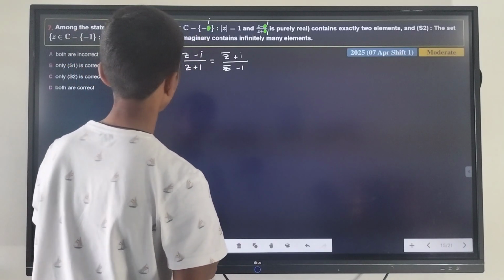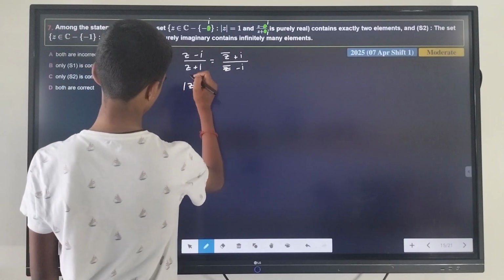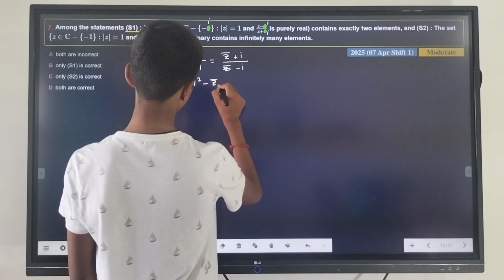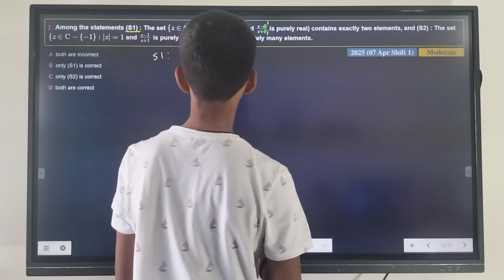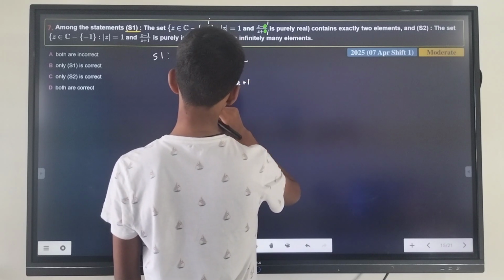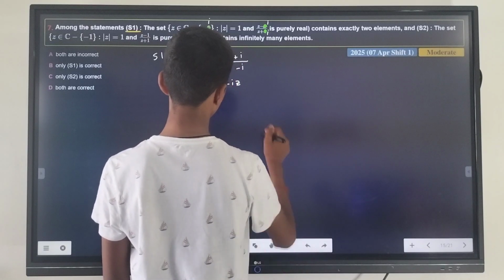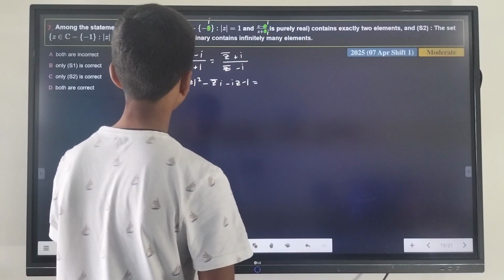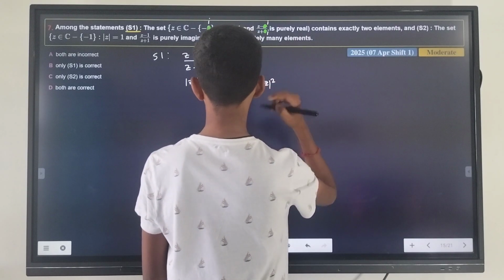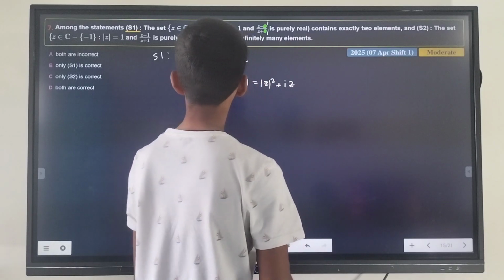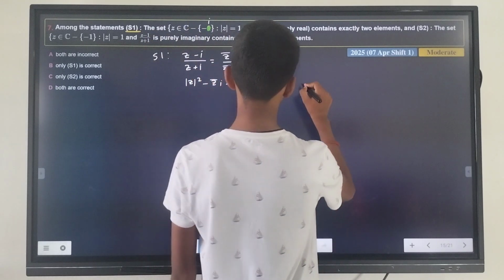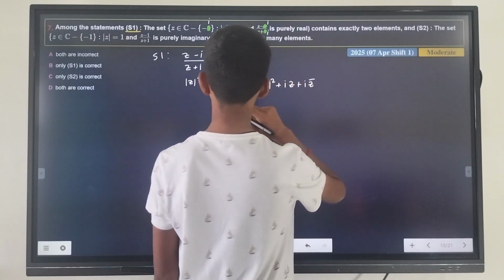So from here on cross multiplying we will get mod of z square minus z conjugate iota or z bar iota minus iota z minus 1 is equal to mod of z square plus iota z plus iota z bar minus 1.